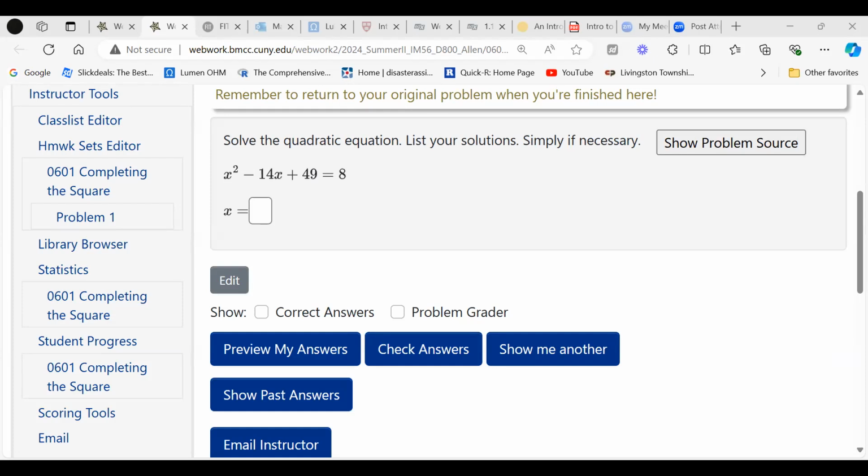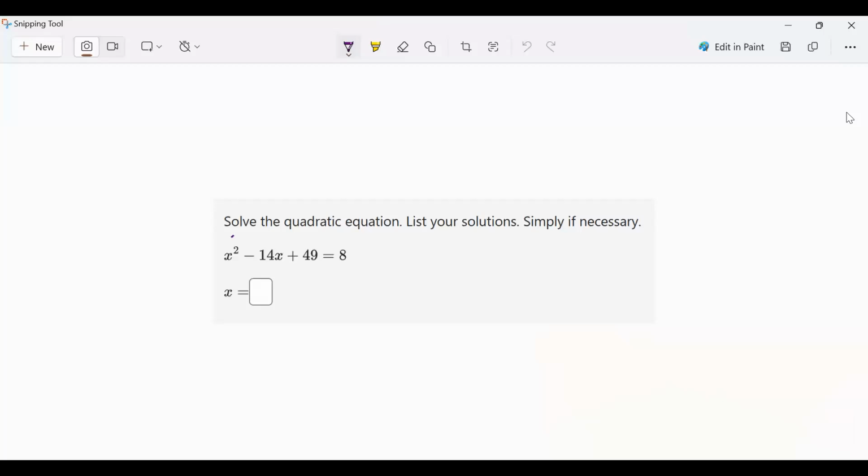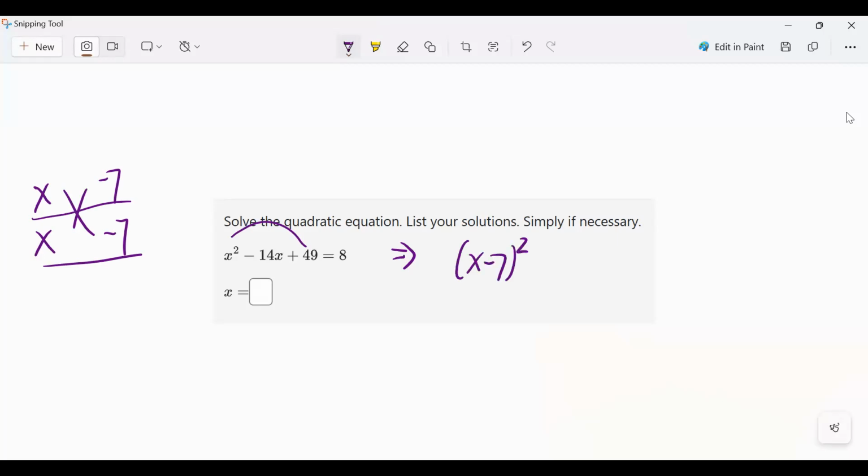So on the left hand side, it's a perfect square. So you do this, right? x, break down the middle, and at the center we're going to get a perfect square, which becomes (x minus 7) squared equal to 8. Now from here we get something squared equal to a number.